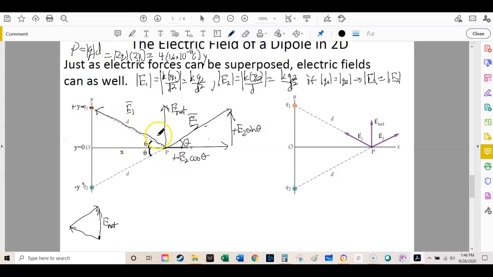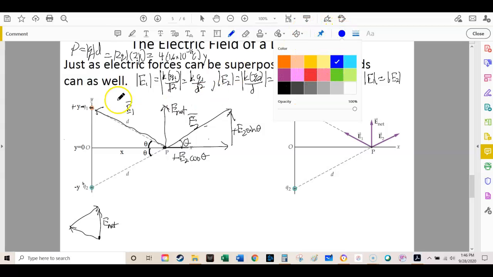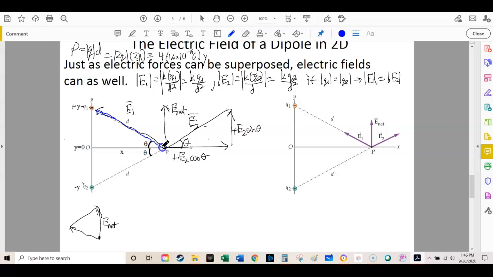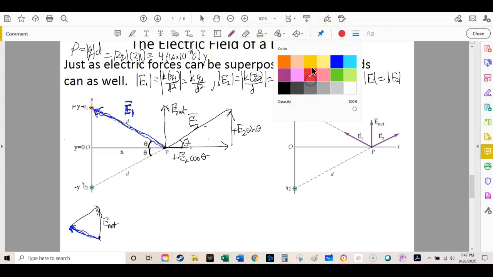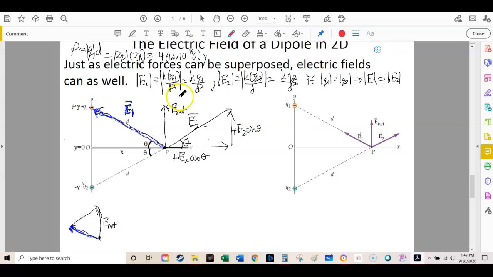Well, this guy is also forming a vector. And E1, I'm going to actually rewrite this in a blue color to differentiate this. Just make sure you know what I'm talking about, how E net is different. E net, I'm going to call red. E2 is black.